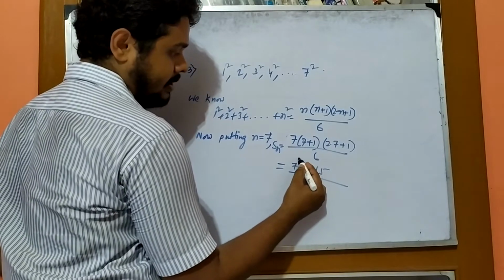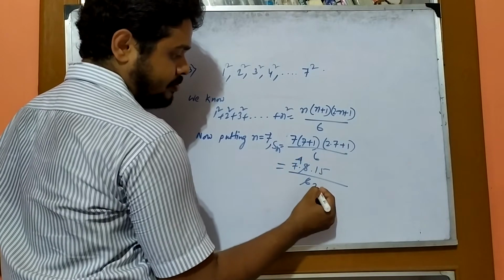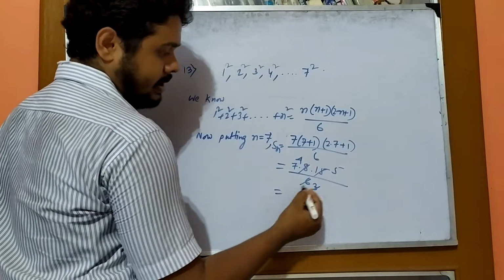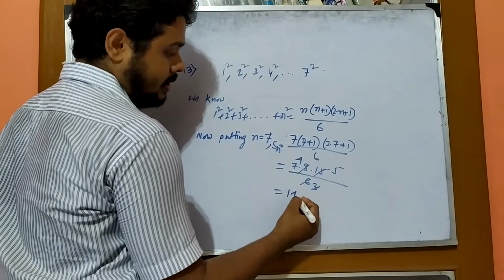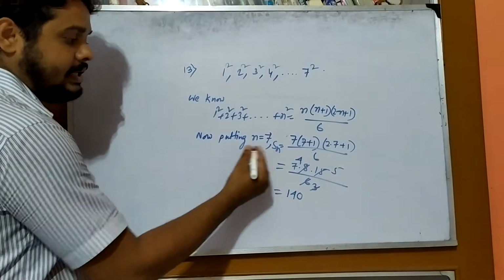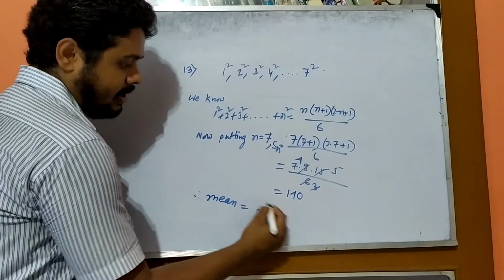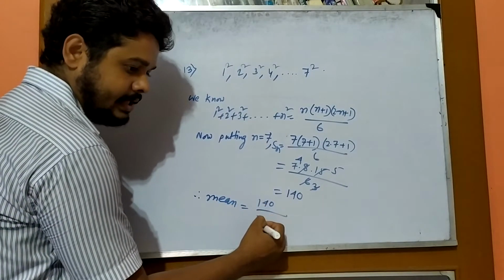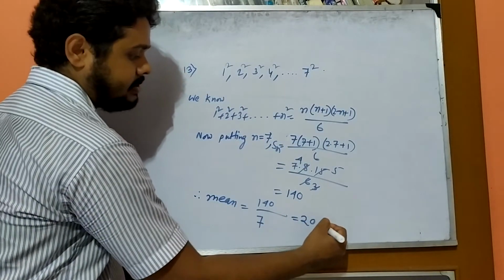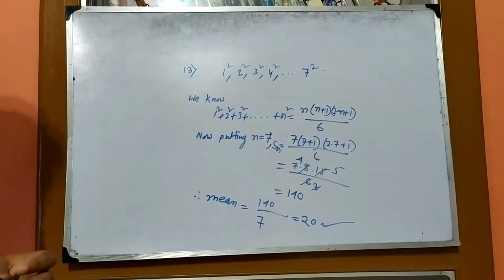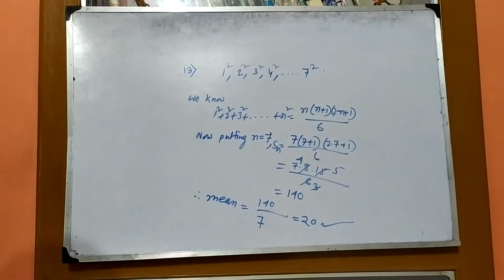That comes to 4, 3 fives are 15, that is 20 into 7, that is 140. That is the summation. Therefore, for the mean we divide this by 7, because there are 7 numbers. So the mean is 20. Understood everybody?